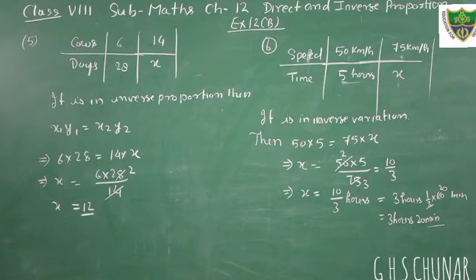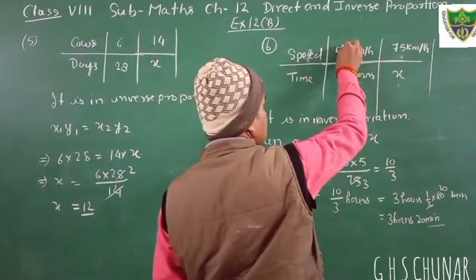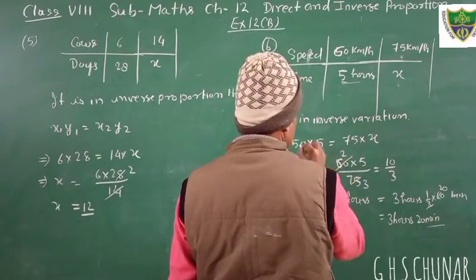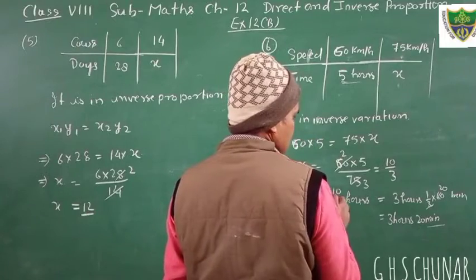Okay, you note it. Here the given values are 4 hours, 5, 60 and 75. The speed 60 is given in your question, so it will be 60.